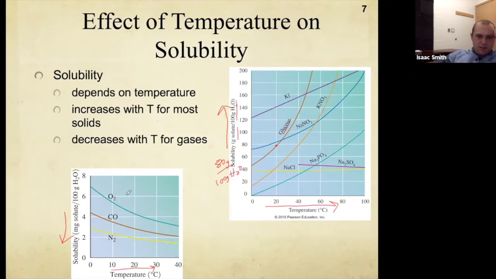All right, and then if we took oxygen, which is the highest of these at 20 degrees, it's about 4 milligrams per 100 grams of water. So gases are much less soluble than solids, but there is a small amount of oxygen in water.